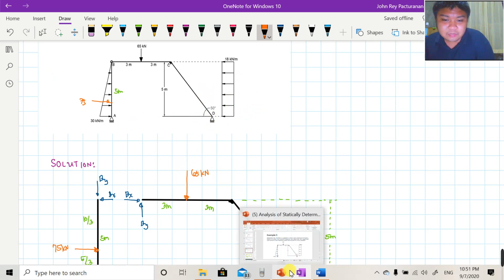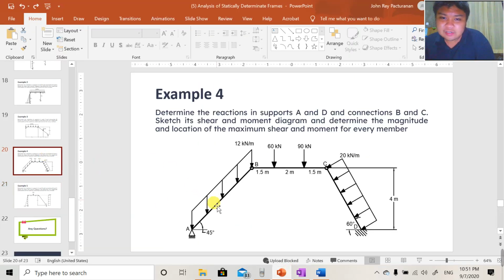Kung nung nakaraan, kung maalala nyo class, ang ginawa natin dito, kahit ano pa man yung itsura ng load, halimbawa, this 20 kN per meter, perpendicular siya. So, minultiply natin ng mismong length ng frame, di ba? Ang ginawa natin dito, minultiply natin class ng length mismo nitong frame. So, as this 12 kN per meter, para maging concentrated load, minultiply natin yan ng mismong length.